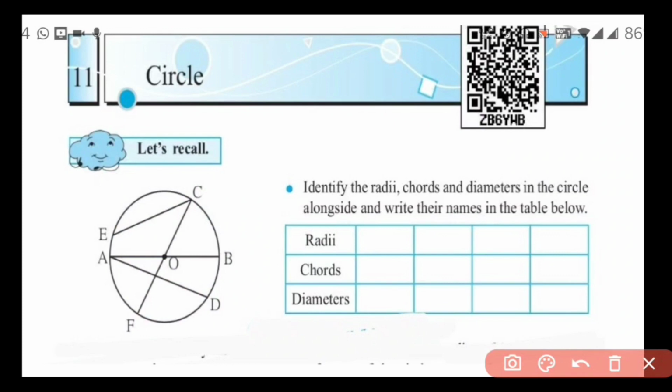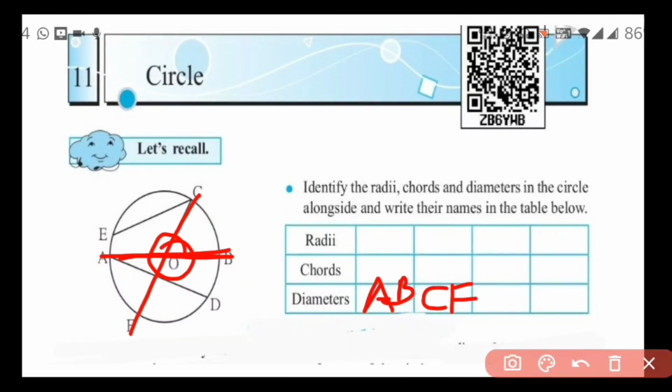Chord AB passes through point O. Chord CF is also passing through point O. So we write here chord AB and chord CF or FC.